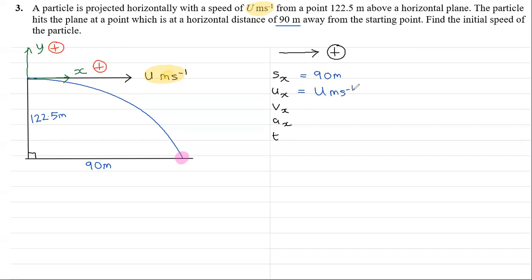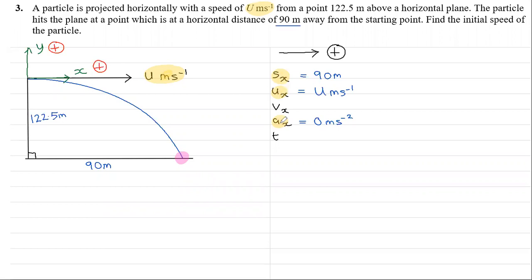We know nothing about the final velocity, but we also know that the acceleration is 0 because there's no force acting horizontally. We're neglecting all wind resistance and things like that. So now we've got all that, we can highlight what we know. We know the displacement, we know the horizontal velocity, we know the acceleration. We can figure out V or T, it doesn't really matter.